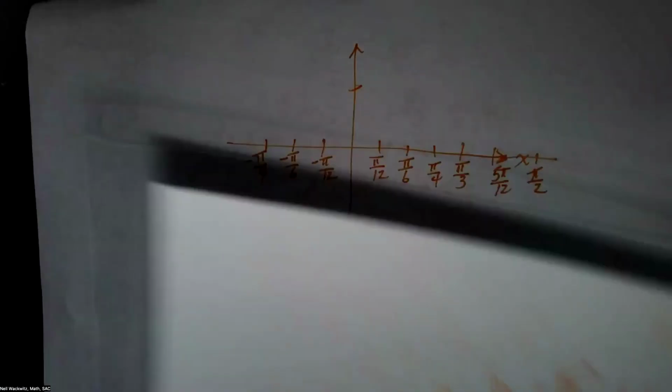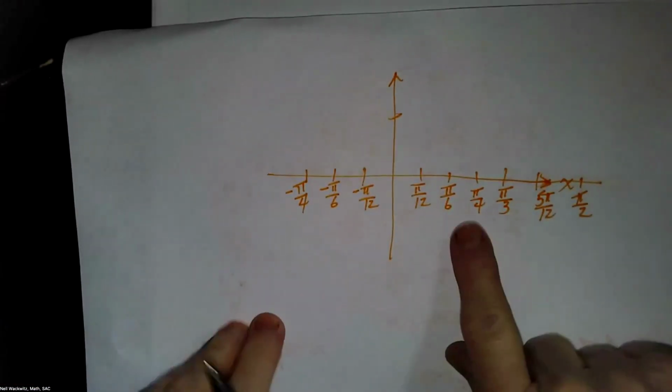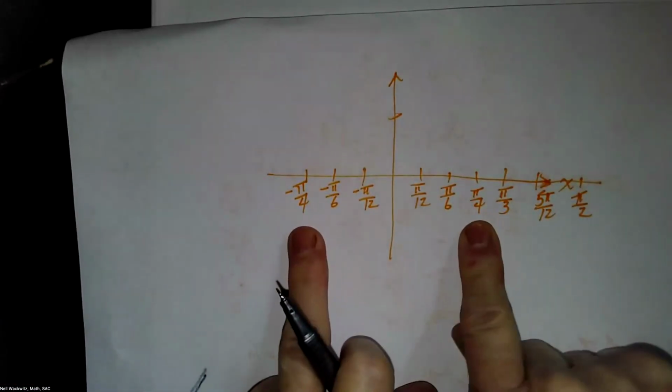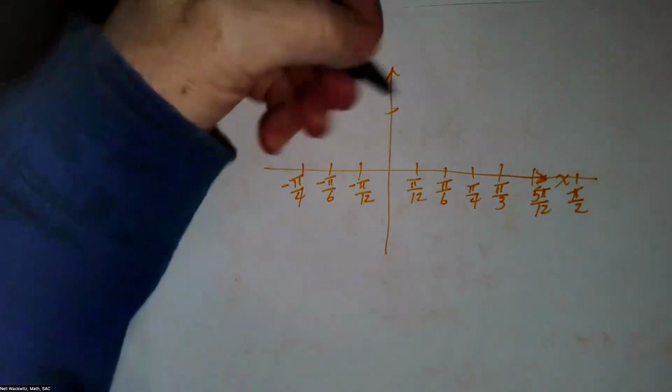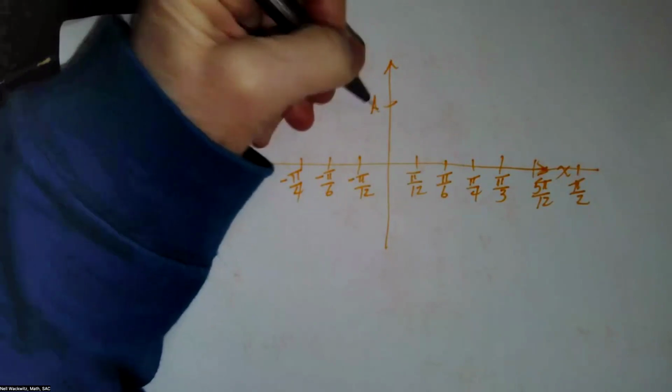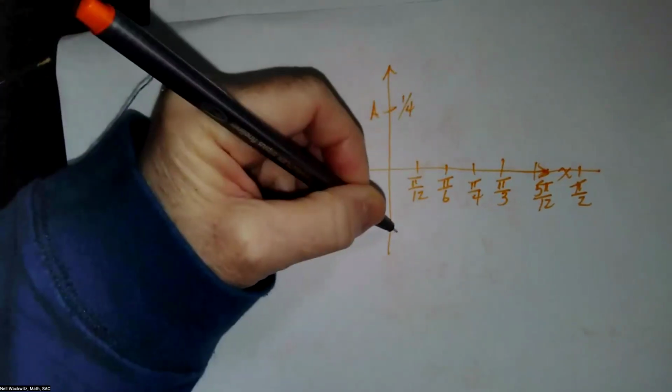But I like to balance it. So both of them go at least to pi over 4. Then we've got our value of A. And we're just about ready to go.